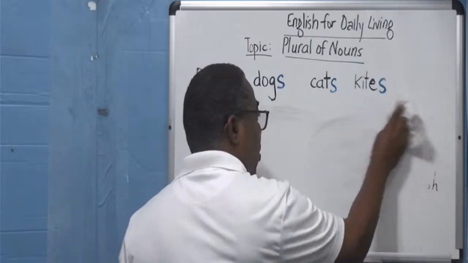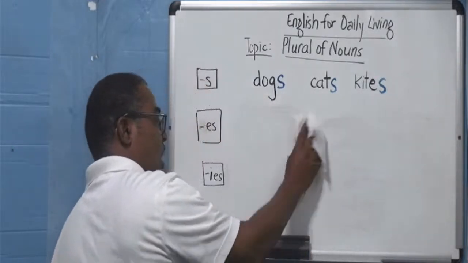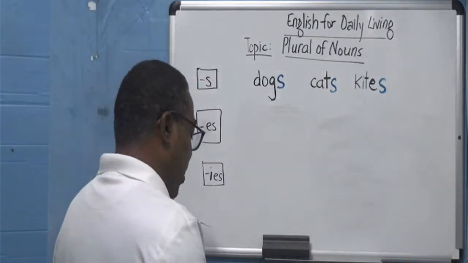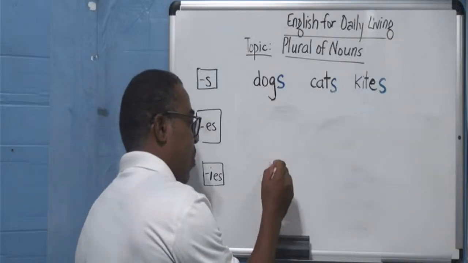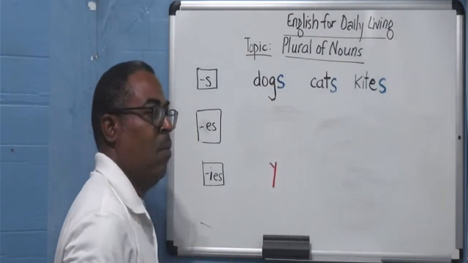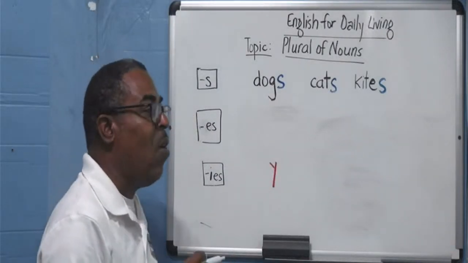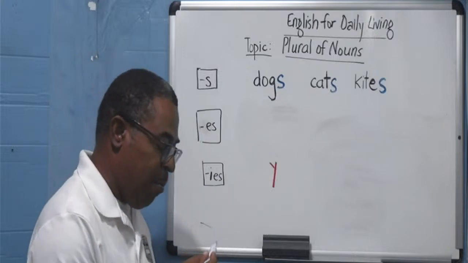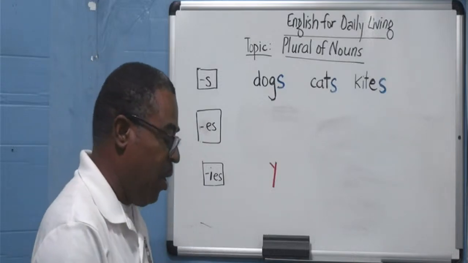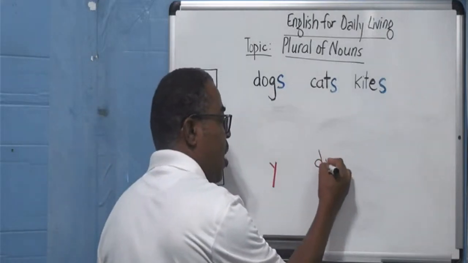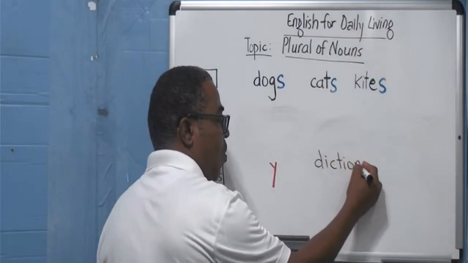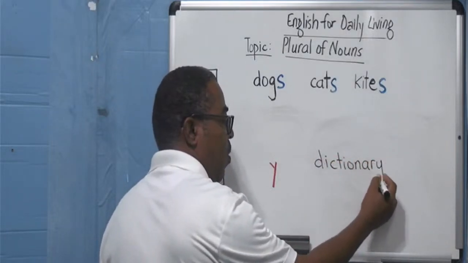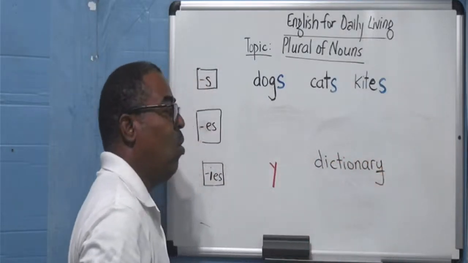is the third rule tonight: words that end in Y. Words that end in Y, nouns that end in Y. For example, I have a noun like dictionary. How do we make that plural?